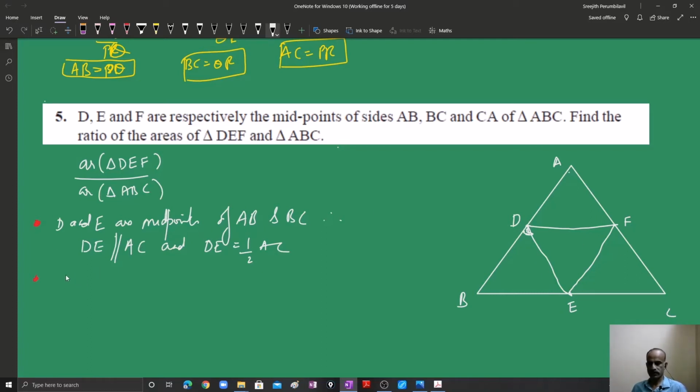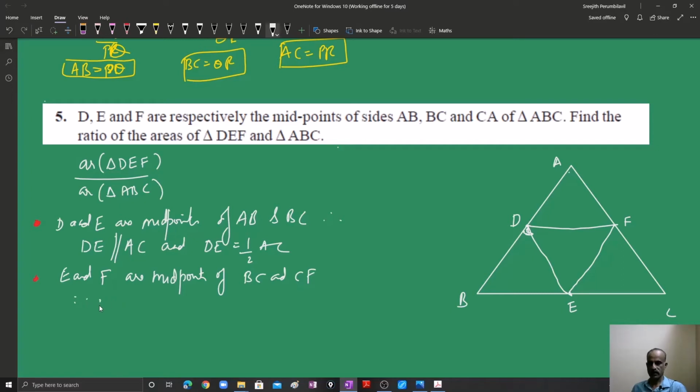Now E and F are midpoints, E is the midpoint of BC and F of AC.